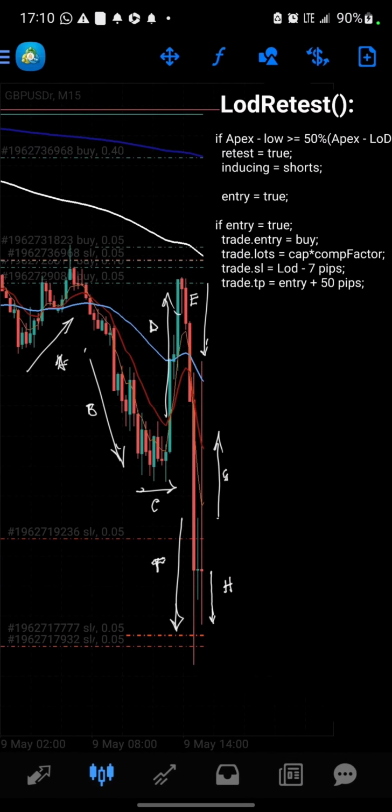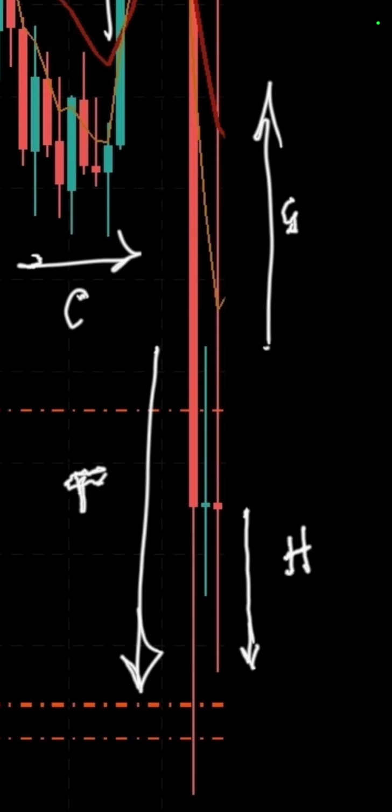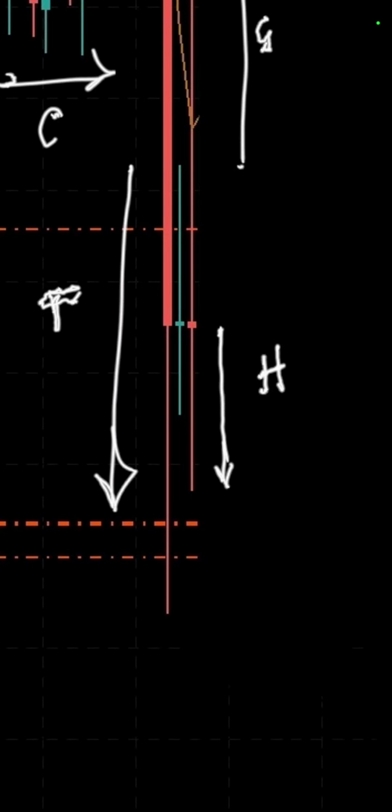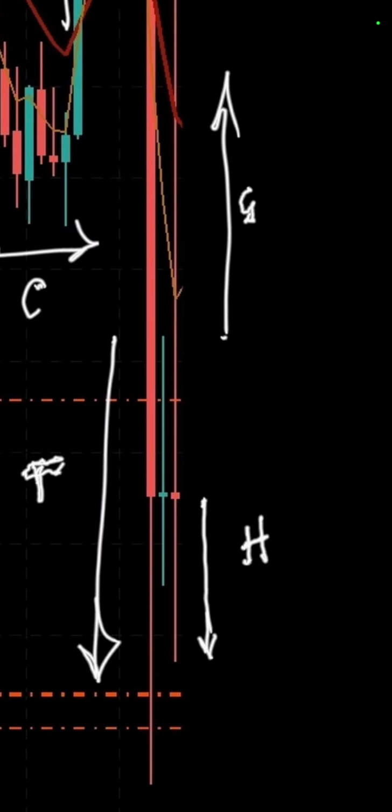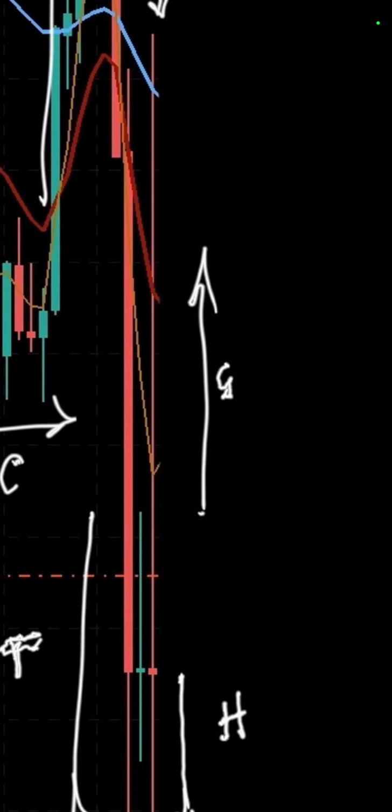Right, so as you can see, with H now pointing down, price has come down to retest the low of the day, and you can even see the movements that have been made there.